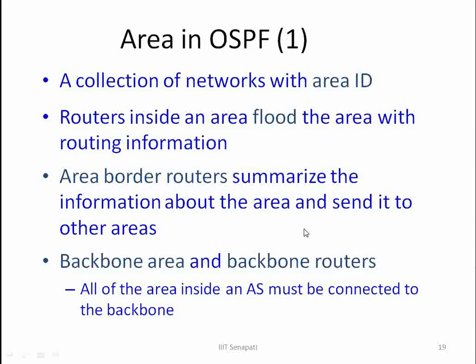Here it is written that an area is a collection of networks. It also has an area ID. A router inside the area will flood the area with routing information, and area border routers will summarize the information. All the areas inside an autonomous system must be connected to the backbone, okay.